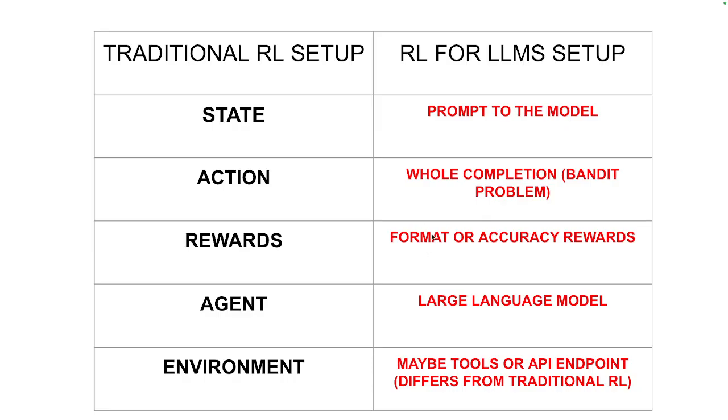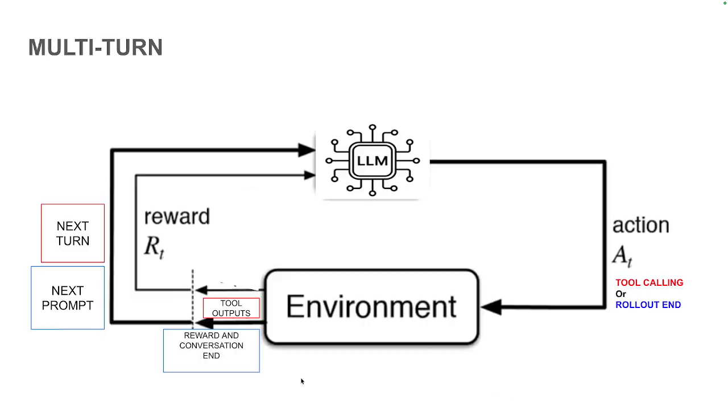The format is the desirable format that you're expecting the language model to respond in, and accuracy is the ground truth response or any rubrics you have to judge the answer. The agent is the language model, and the environment plays a role of either giving out rewards or it can be a tool calling endpoint. Let's discuss this tool calling endpoint in detail.